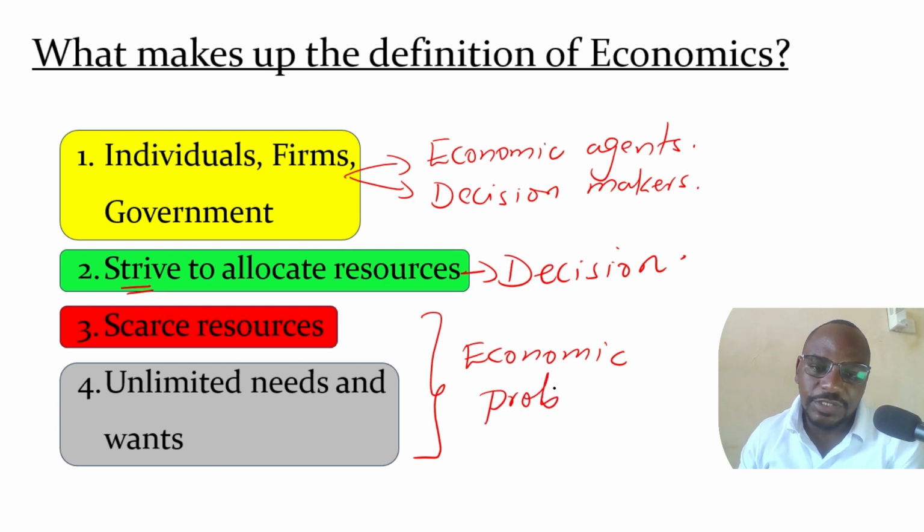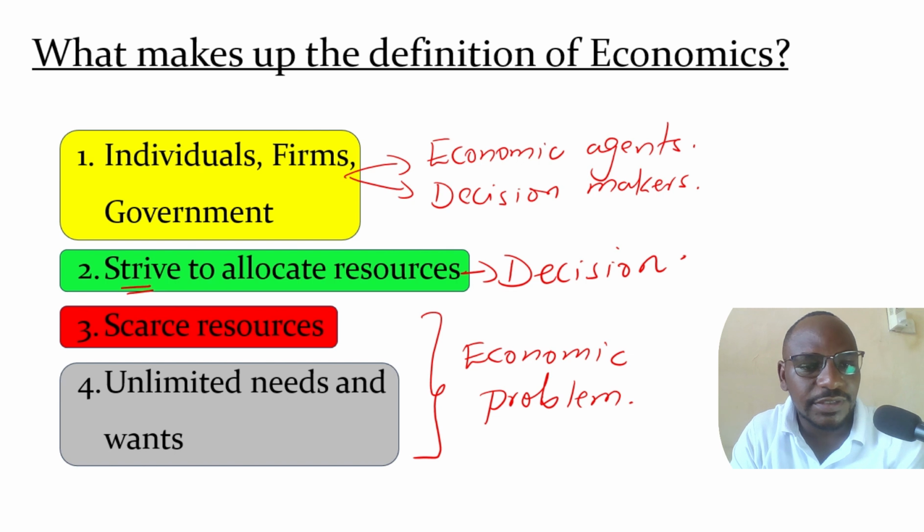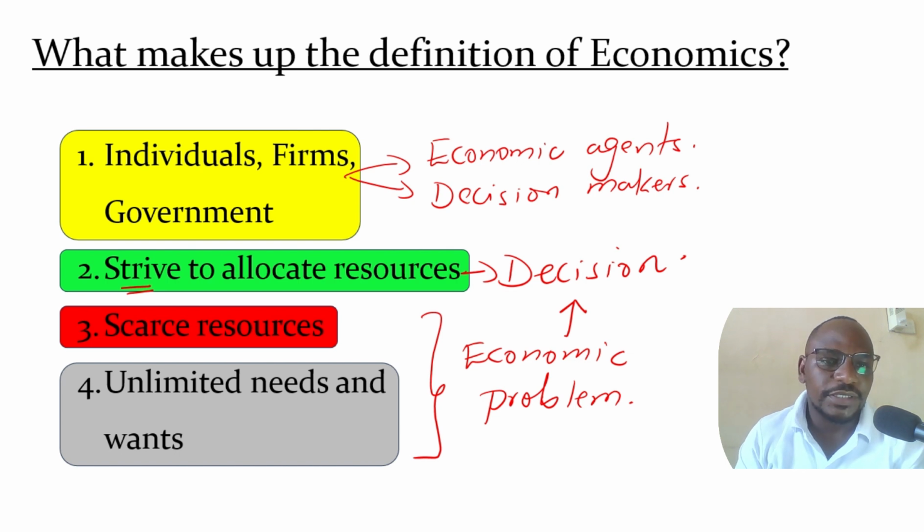And all the societies on earth, in the world, they have this problem. So because of this economic problem, you have to make a decision on what should you first deal with and what should you leave. And this now makes up the definition, or sums up the definition, of the subject of economics.